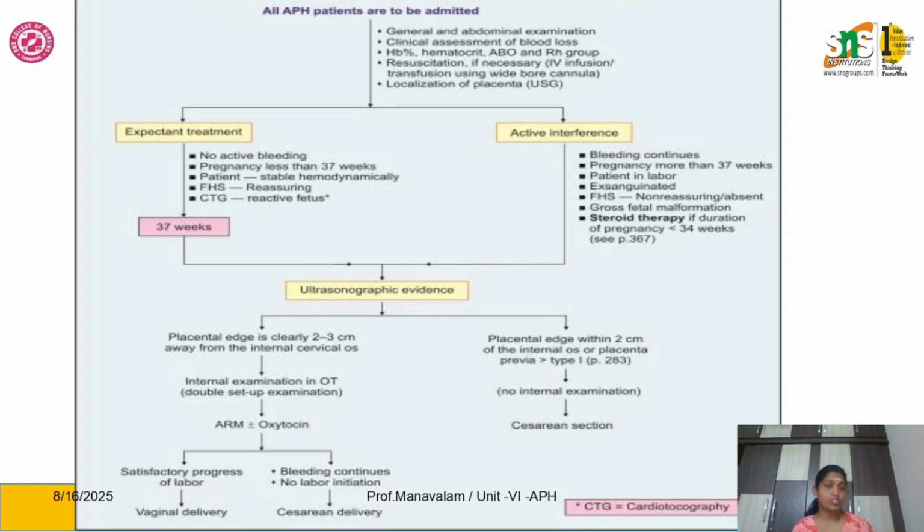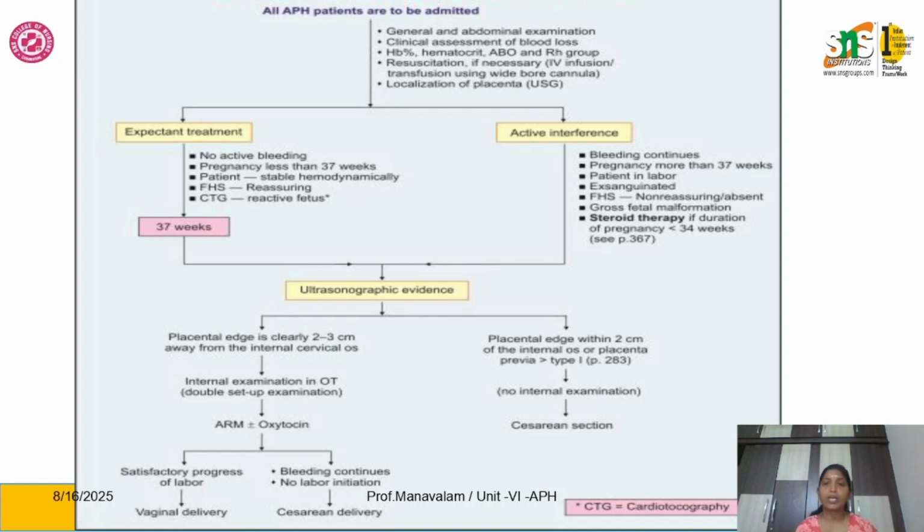We have to monitor both the mother and the fetus continuously by putting the mother under CTG monitoring. If there is satisfactory progress of labor, we can wait and deliver the baby by vaginal delivery; or else if the bleeding is continuous or labor is slow to initiate, it is better to deliver by cesarean delivery.